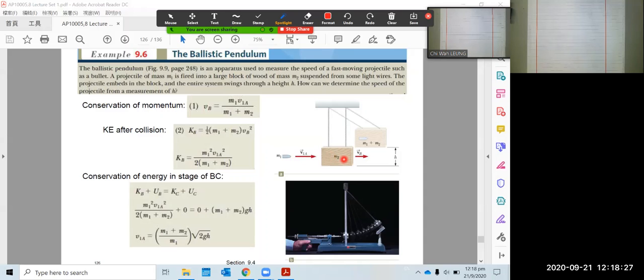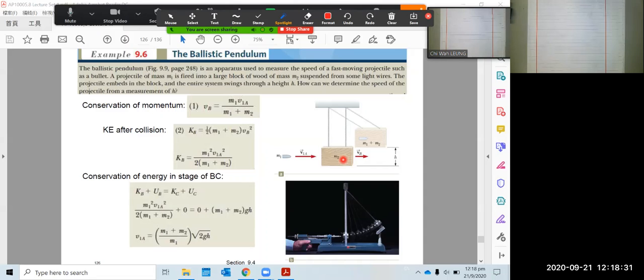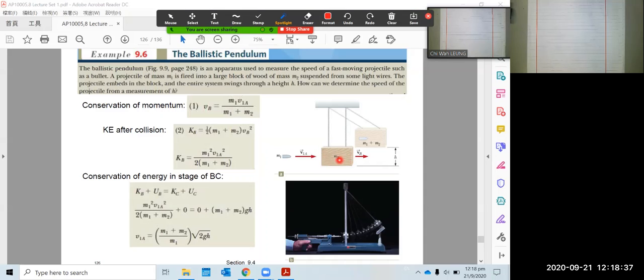This situation cannot be easily calculated by conservation of energy, but we could use the conservation of linear momentum to find out the final velocity of the block plus the bullet, because the bullet is embedded into the block, so they move with the same velocity after the collision.